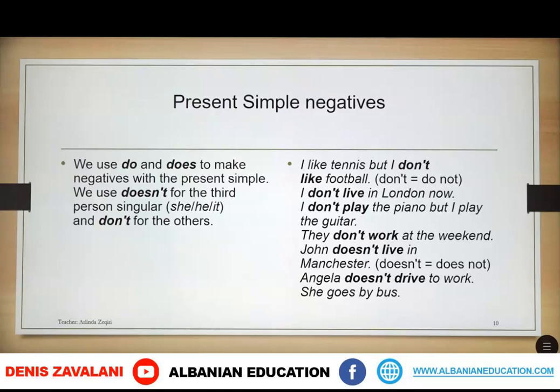I don't live in London now. I don't play the piano, but I play the guitar. They don't work at the weekend. John doesn't live in Manchester. Doesn't is contracted also by removing the o in the word not and adding the apostrophe. Angela doesn't drive to work. She goes by bus.